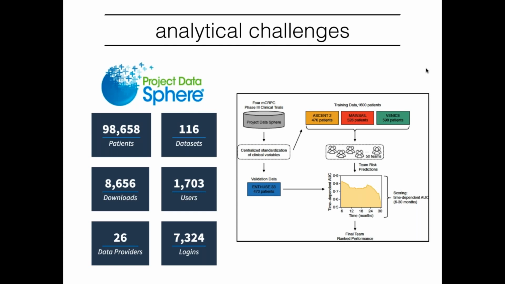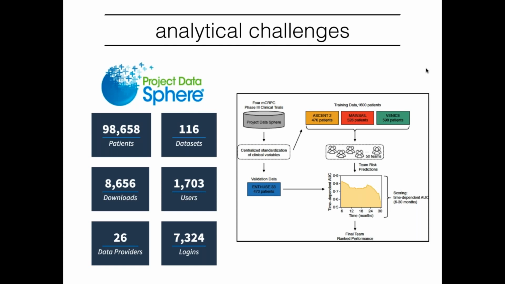And so we worked with them to design a challenge in castrate-resistant prostate cancer, where we had 3 trials that were used for training data that included about 1,600 patients, and then had held out validation data from a 4th trial that was used to assess the predictions that were made by the challenge community.